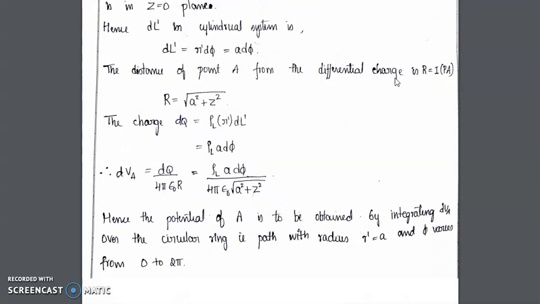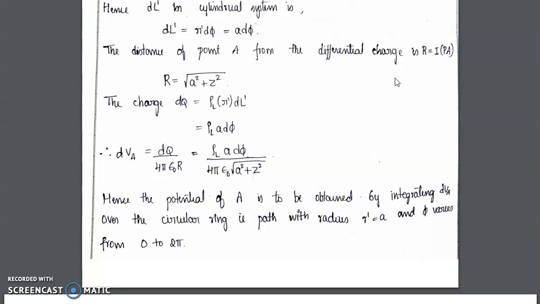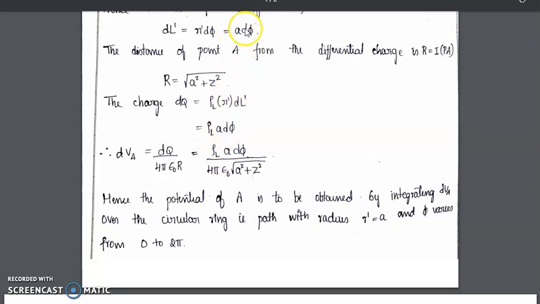Now substituting this, the equation for potential due to a line charge is given by dV equal to rho L of R dash into dl dash divided by 4 pi epsilon naught into R. In place of rho L of R dash, I can substitute rho L, and dl dash is A d phi, and R is square root of A square plus Z square.